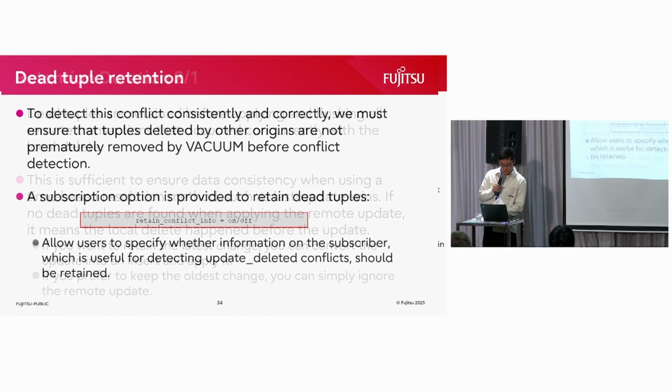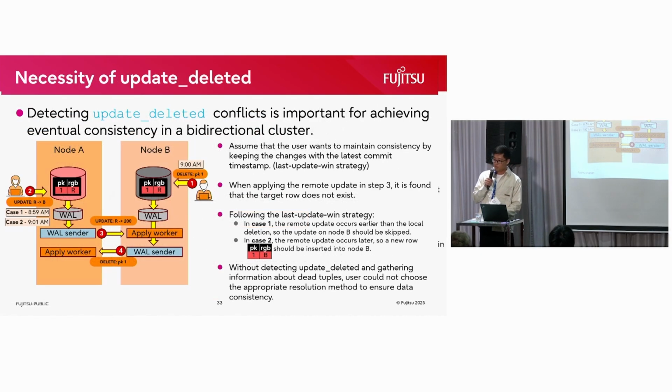In the latest version, maybe you can use injection points to stop the apply worker for a while. Then you do some updating on the remote node, and when it applies, maybe it will create conflicts. But normally we will use a debugger or something to create such conflicts. Okay, so pretty manual. Thank you.